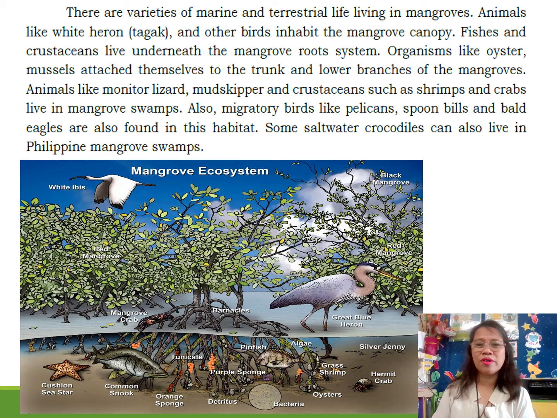Also, migratory birds like pelicans, spoonbills, and bald eagles are also found in this habitat or in this place. Some saltwater crocodiles can also live in Philippine mangrove swamps. Pangad bitaw na mo sa mangrove sanctuary sa Naungan, manlok pa tingay na ay crocodile, pero wala man daw. Okay.